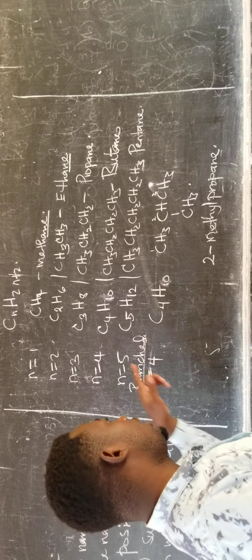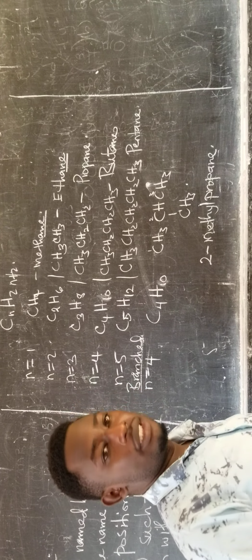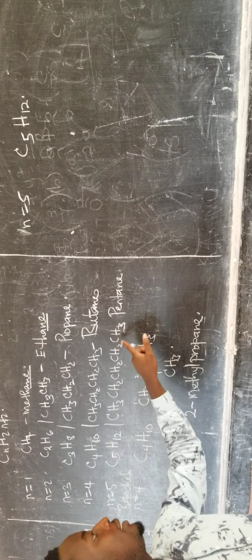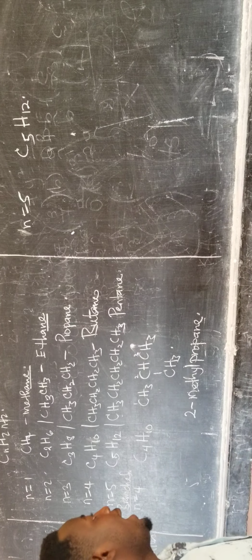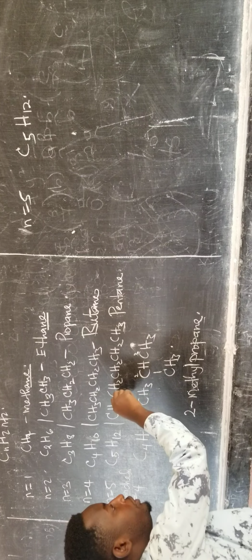We can look at when n is equal to 5, and the kind of branching there. We have called it C5H12. If you take a look at it from here, this last methyl group can get attached to this carbon or this one.